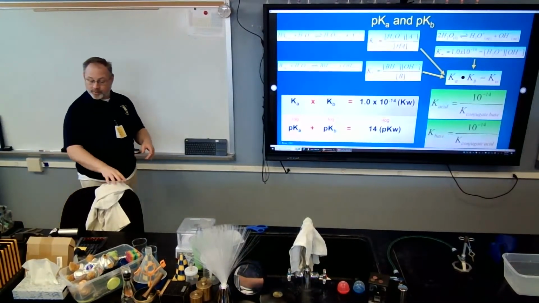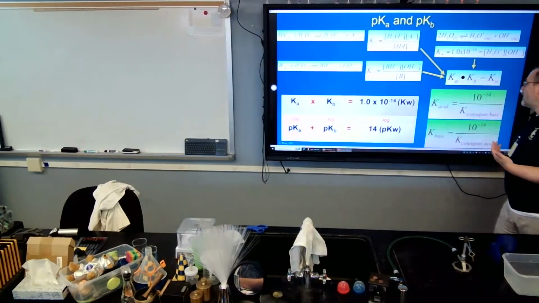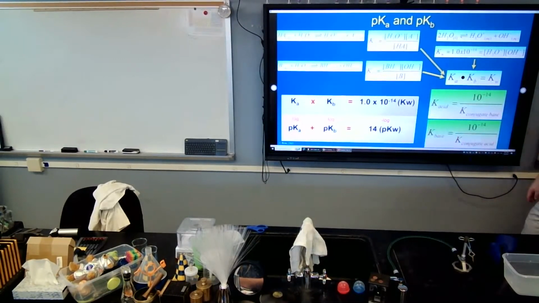And more importantly, this is tested, I would say every year. They want you to know that if you are looking for the K of a conjugate base, you can just divide 10 to the negative 14 by the K of the acid, and you'll have the K of the conjugate base.